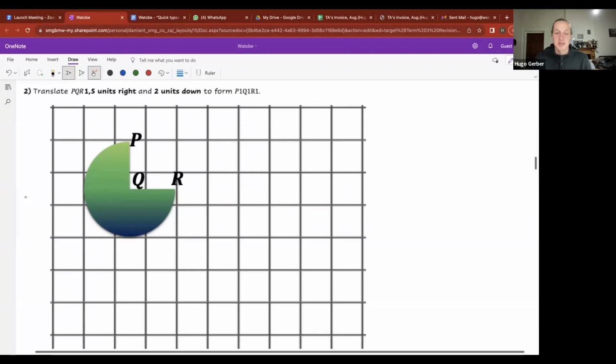You can do this. 1.5 units to the right, 2 units down.